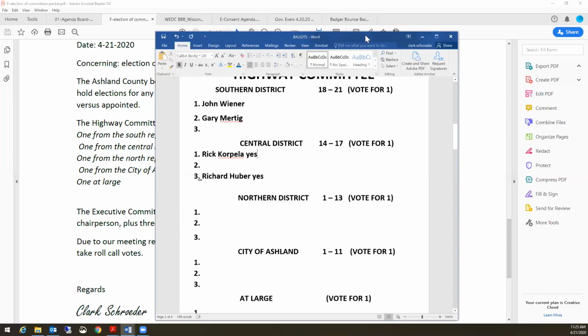Ortman, Rick Corpola. Granick, Corpola. Kufal, Corpola. Sendor, Corpola. Rose, Corpola. Berlin, Corpola. Corpola, Corpola. Picka, Corpola. Etek, Corpola. Huber, Huber.